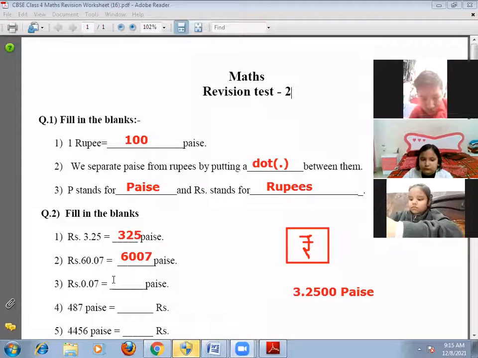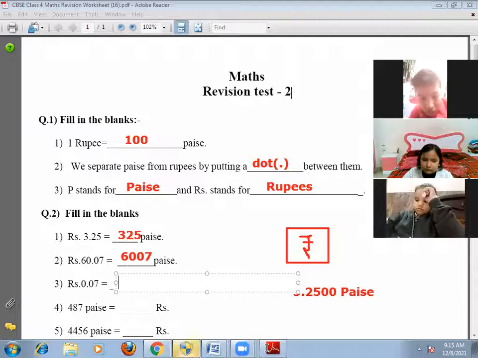So what will be our answer? 007. And you know this thing that there is no need to write 00 in front of any number. Yes or no? Zero has value, but after any number. You know this thing? Yes, ma'am. So we can write down only the 7 over here.